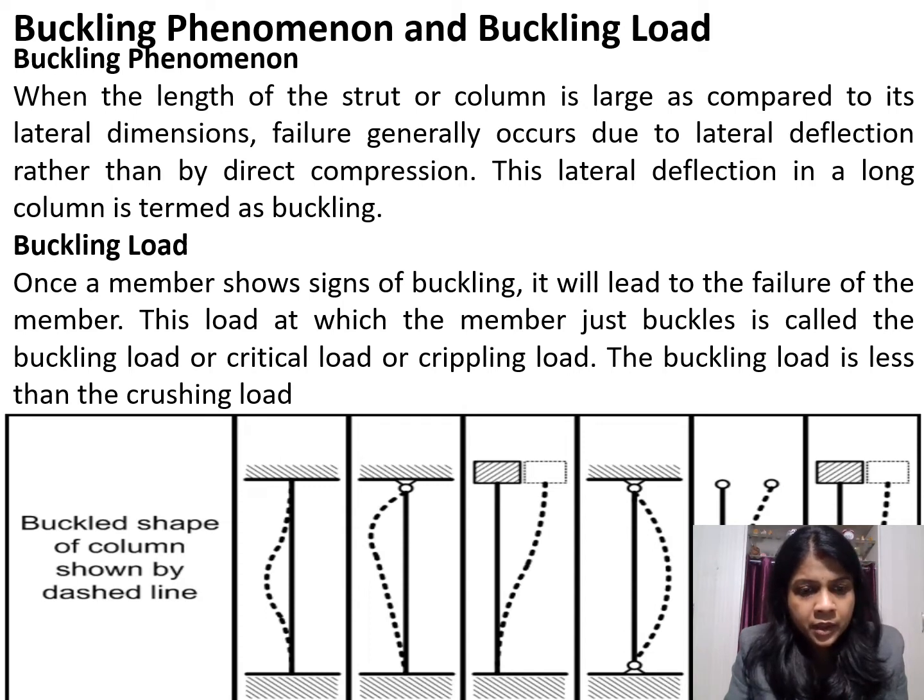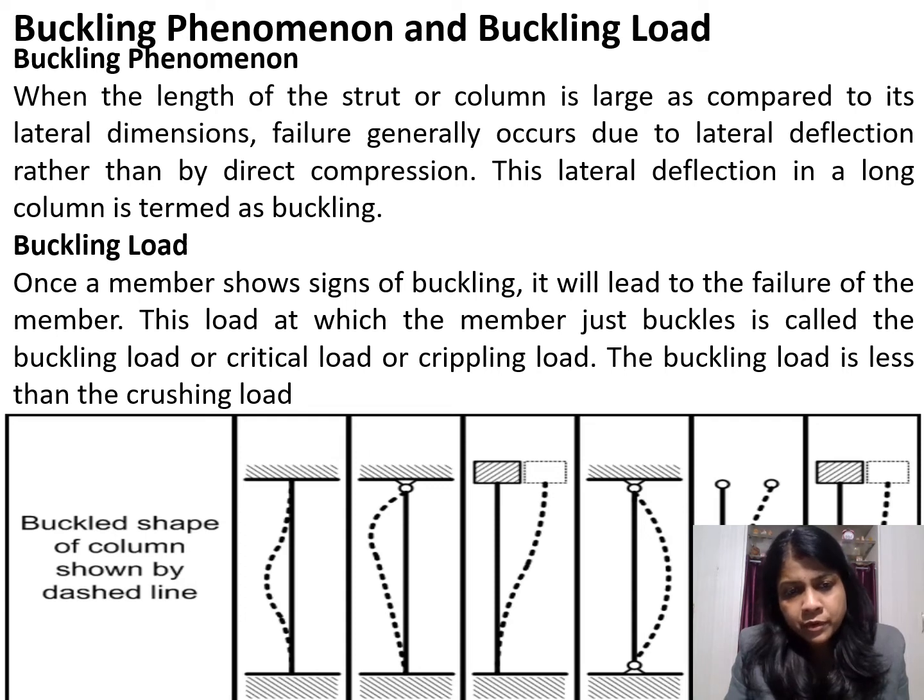Then we can refer to the other end, which is also fixed, and at this fixed end the bending of the column is negligible, and after a certain distance from the end the column has been bent to some extent.